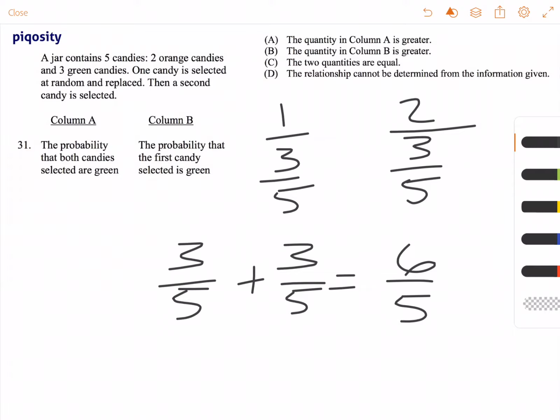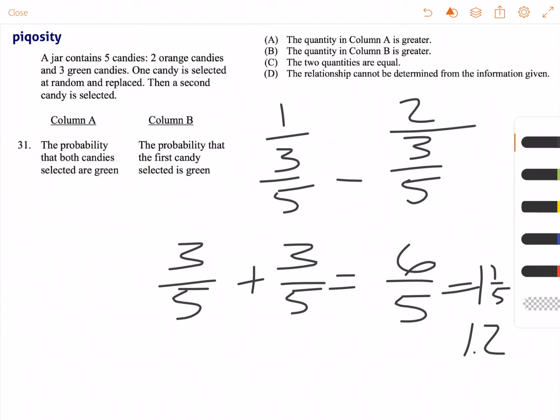This is over 1. This basically means that it's going to happen. 1 and 1/5 is 1.2. That means the event's going to happen, and even more so, and that doesn't make any sense because there are orange candies and they can possibly be pulled.